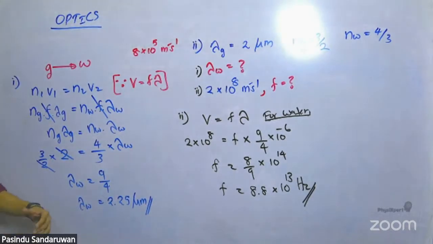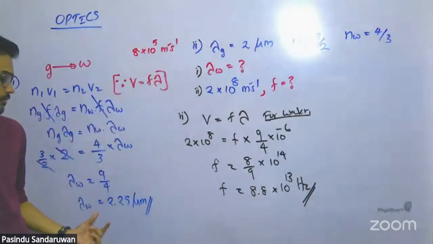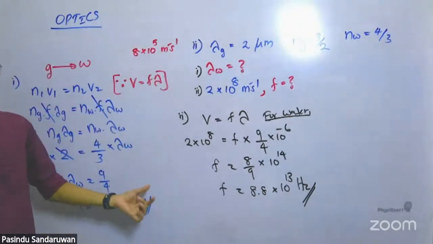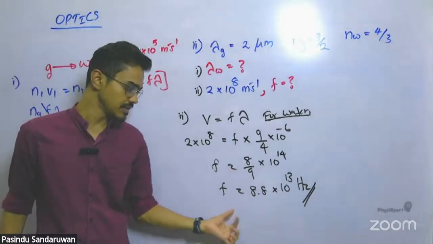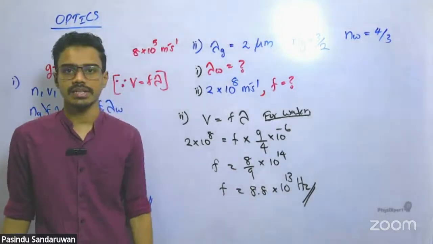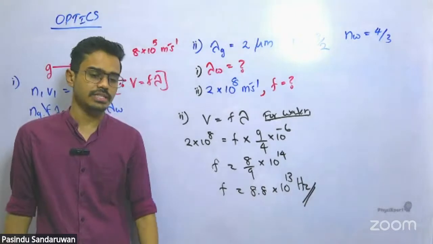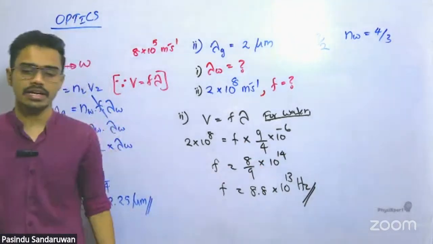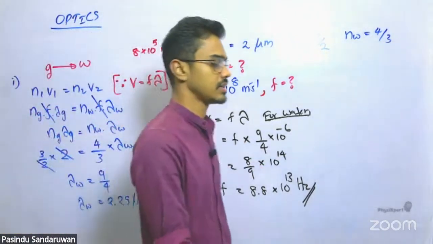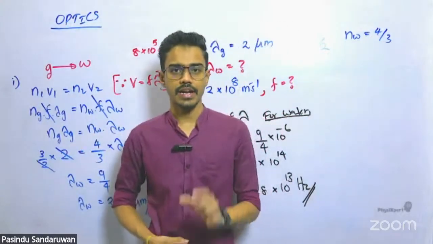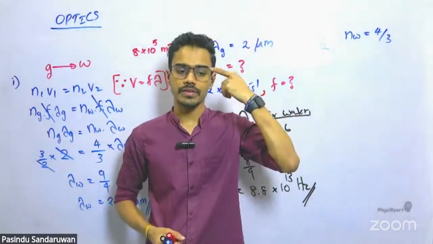So the final answers: lambda in water is 2.25 micrometers and the frequency of the wave is 8.8 times 10 to the power 13 hertz. Write down below with the red pen.